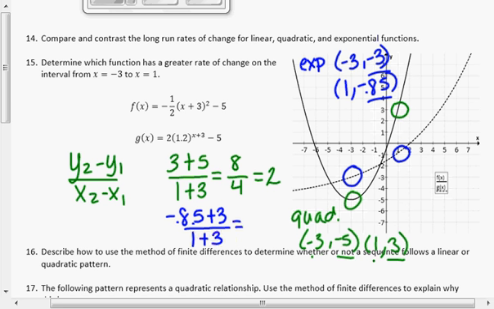So negative 0.85 plus 3 is 2.15 divided by 4, and you get 0.538. So which one has the highest average rate of change? It's 2. So which one from the interval negative 3 to 1 has a higher average rate of change? It would be your quadratic function, which is f of x.